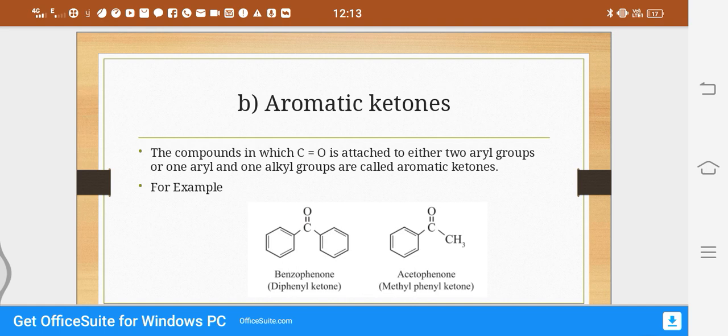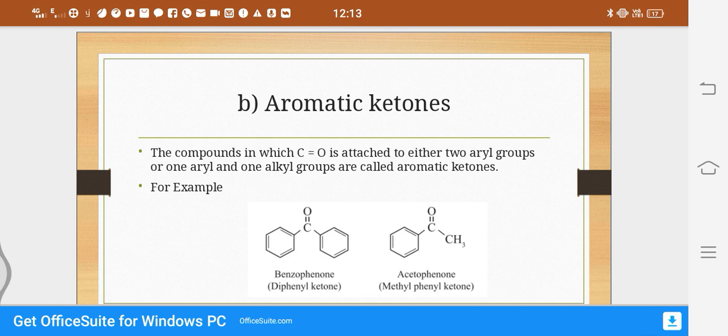For example, first is benzophenone and second is acetophenone.